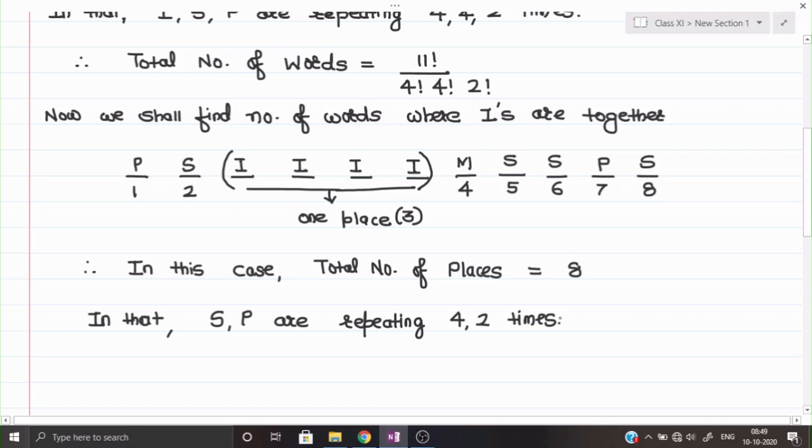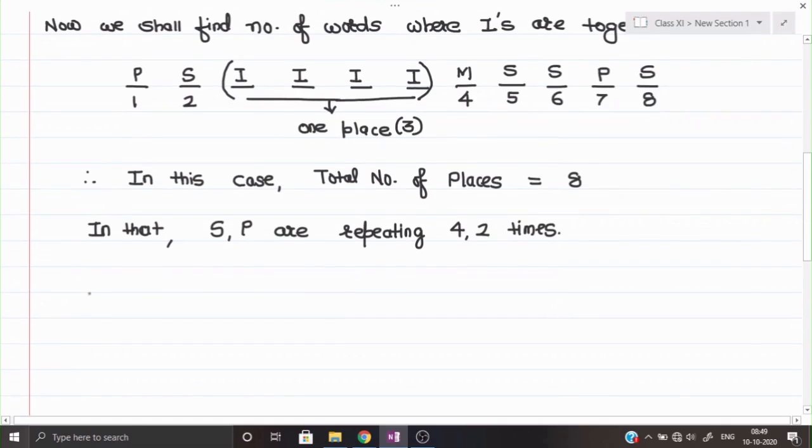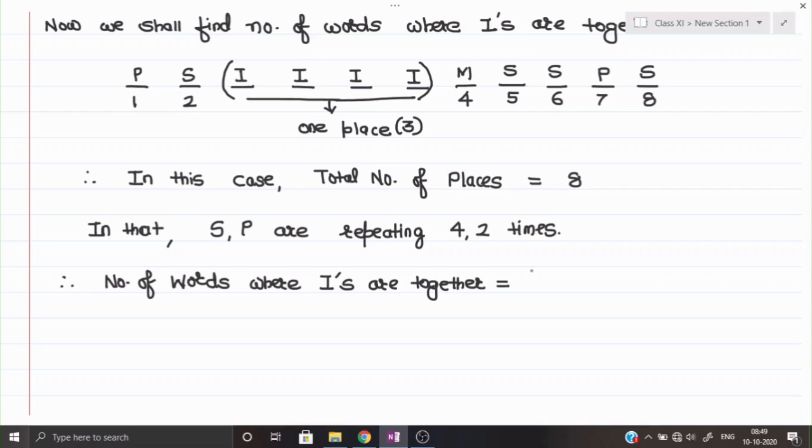Okay, therefore we can say that the number of words where I's are together, that now we are finding, is equal to, using the same formula, factorial n upon factorial p into factorial q.